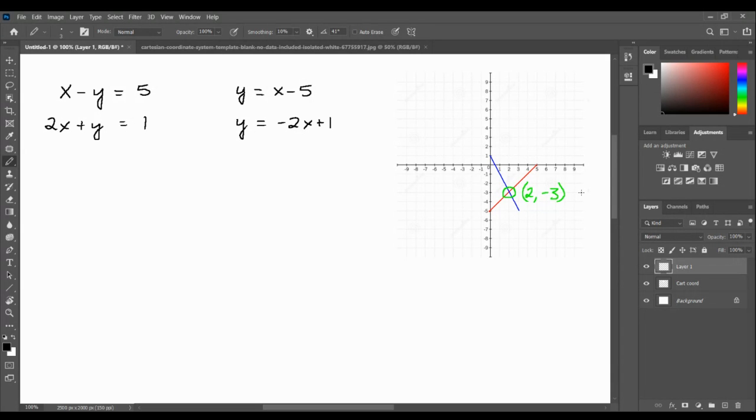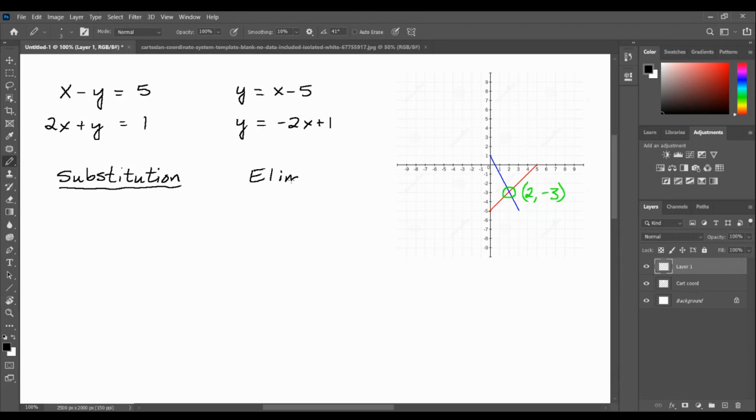A system of equations is multiple equations with the same unknowns, or at least one overlapping unknown. The two ways are substitution and elimination, and that's what 9.1 is all about: finding the intersection of two lines using these two methods.